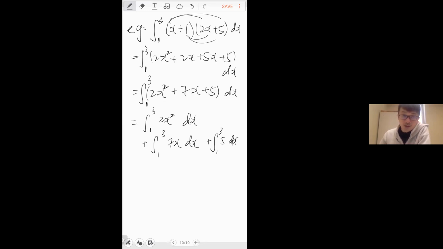So I'm doing this because I want to make sure you know, for a product of two functions, you cannot split the integral. But for the sum or difference of functions, you can do this. Does it make sense? Okay. Now you can find the antiderivative separately.